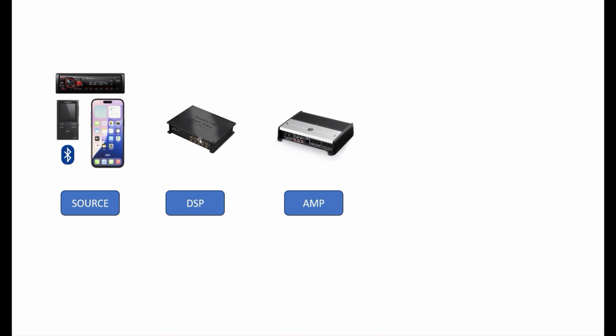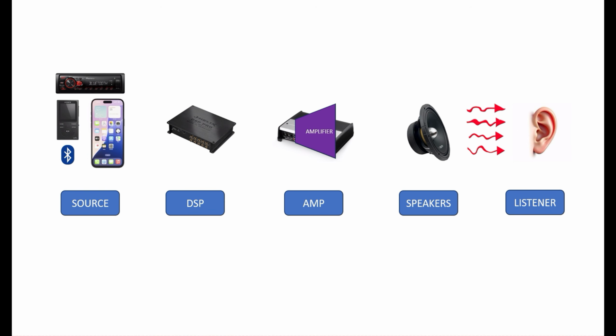The DSP is going to do all the usual EQ and time delays and other stuff that it's designed to do, and then it's going to send that line signal to the amplifier to be amplified, right? And so the amplifier does its stuff, and the resulting speaker level signal gets sent to the speakers via the speaker wires, drives the speaker back and forth, and we hear some music, right?